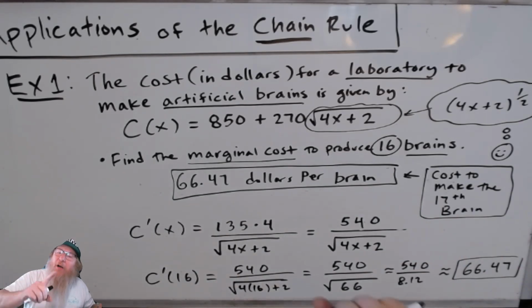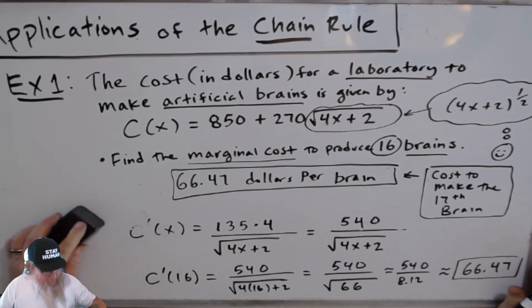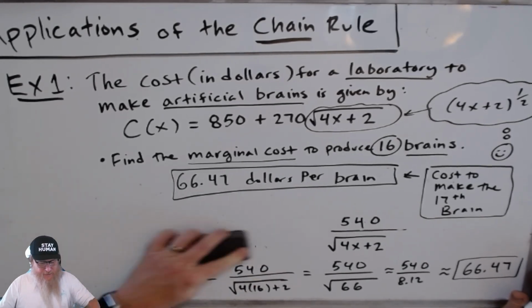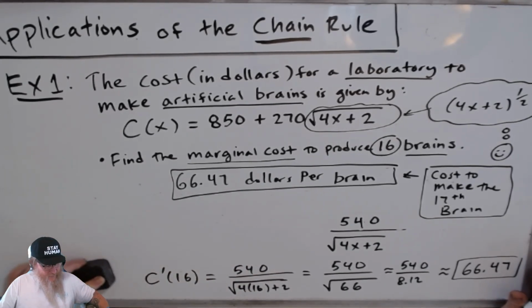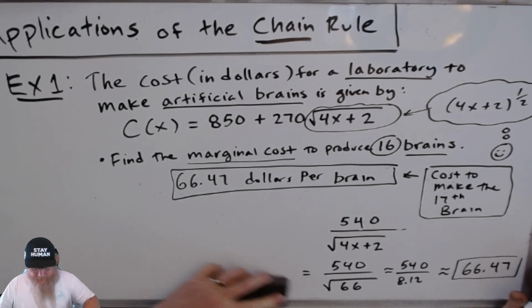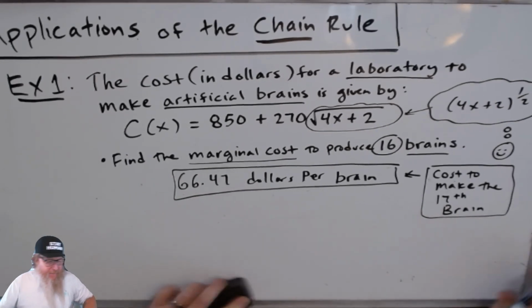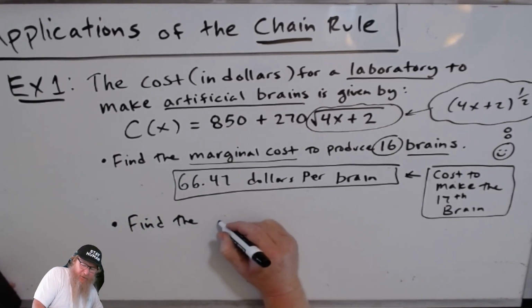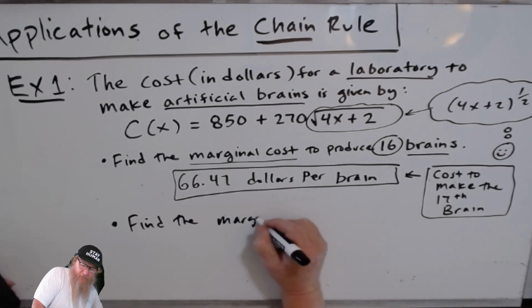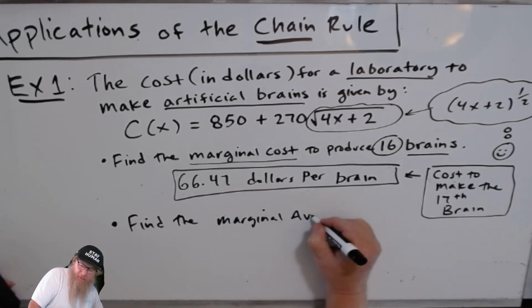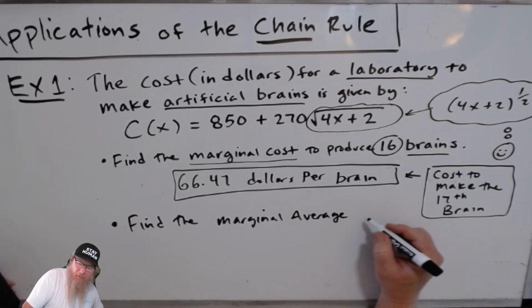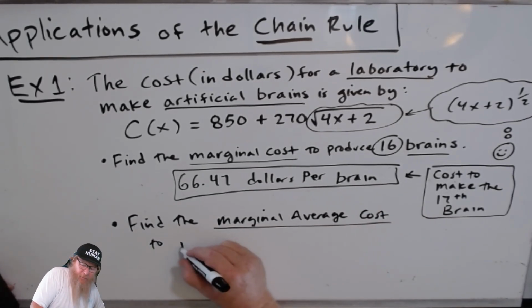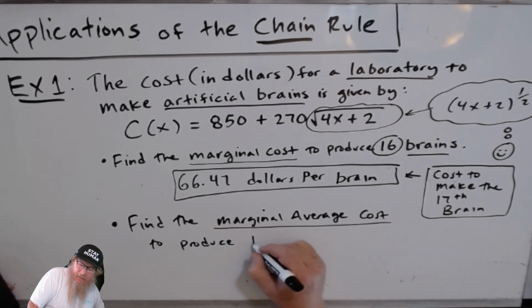Now we are going to do marginal average. So I better keep this. Let's find the marginal average cost to produce, or to make, 16 brains.